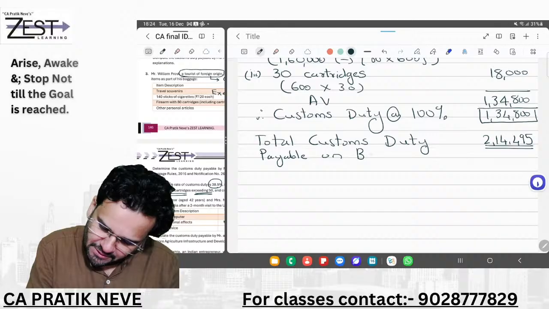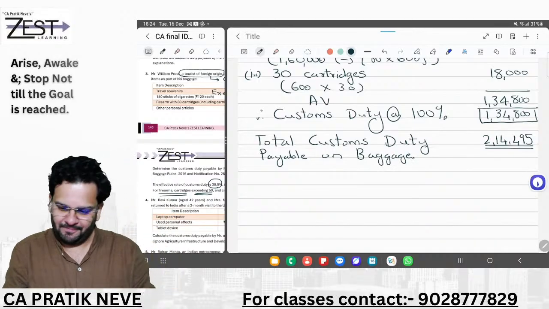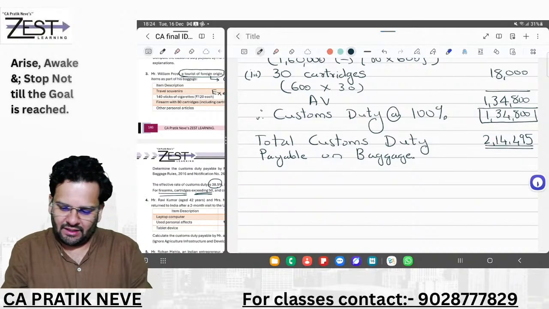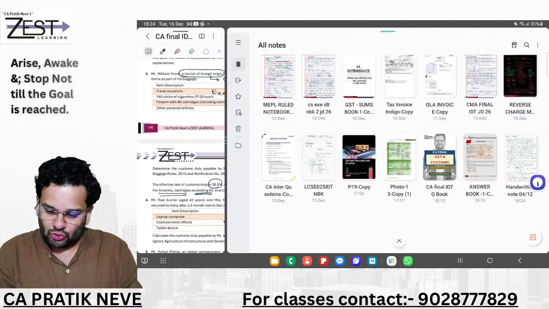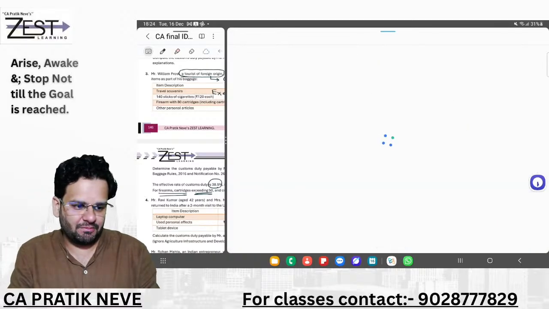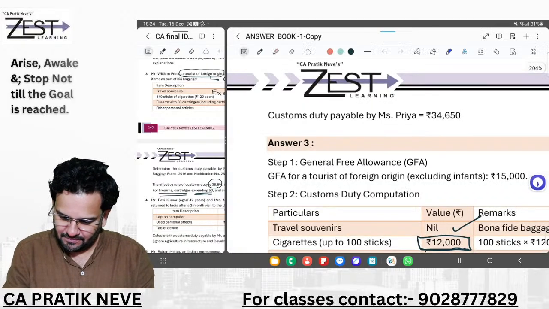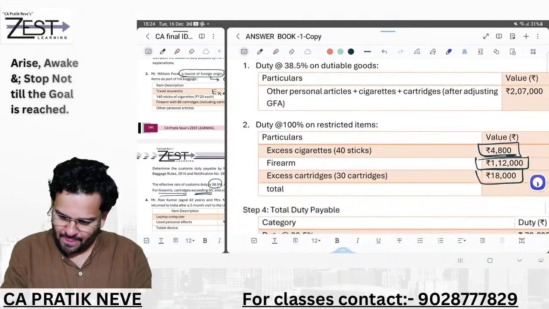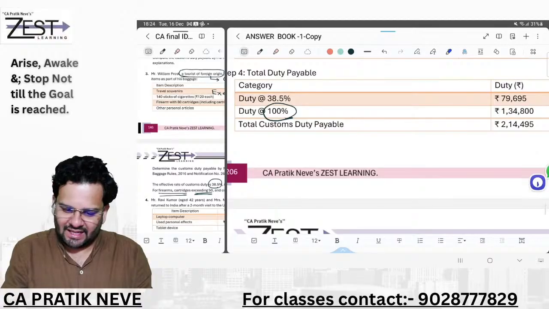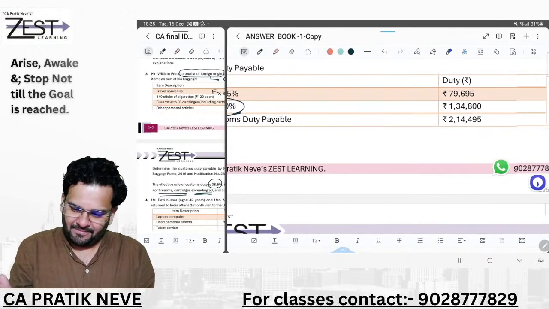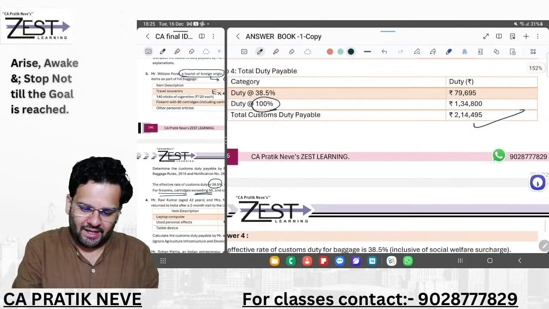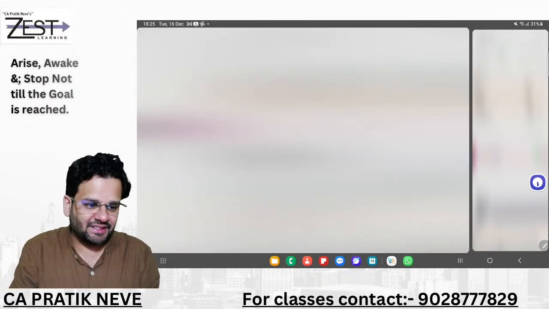Is it 100% clear to all of you? 2,14,495 is the total customs duty payable on baggage in this case. Fantastic. Shall we go ahead? Is it 100% clear?